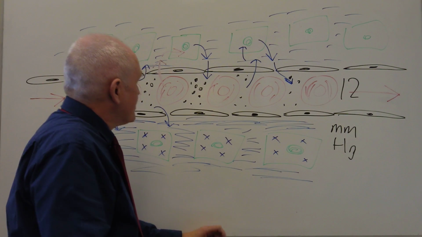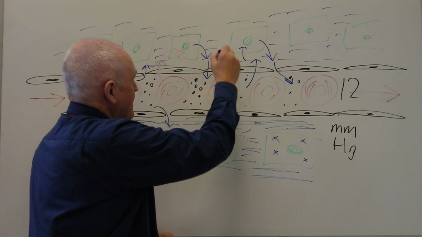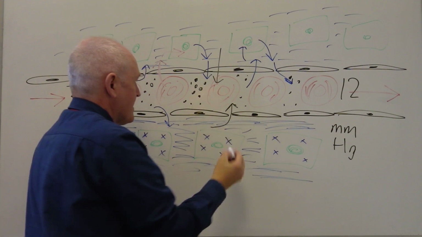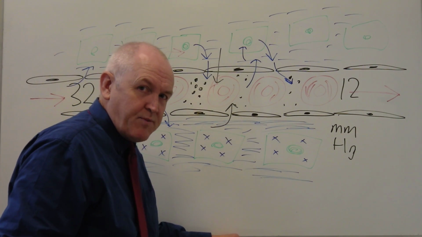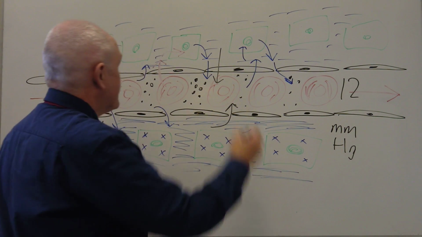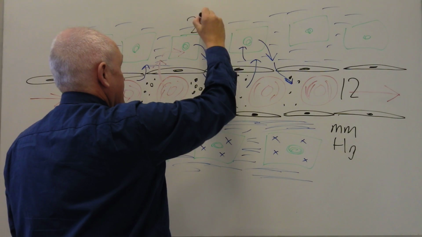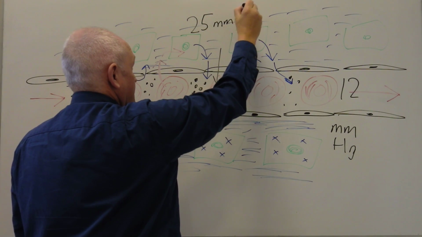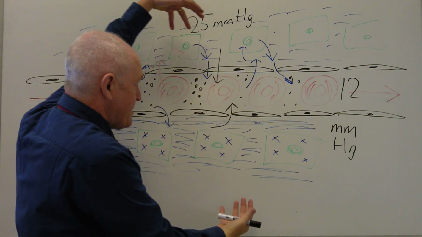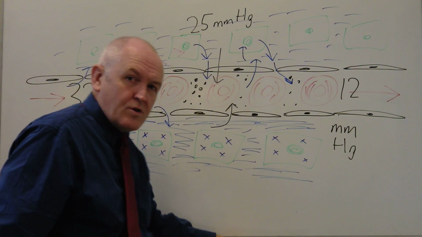And that means that the water molecules are going to come back in by the process of osmosis, being sucked in by the plasma proteins. We can actually measure this, and it turns out that it's about 25 millimeters of mercury. That is the osmotic pressure, sucking water molecules back in.